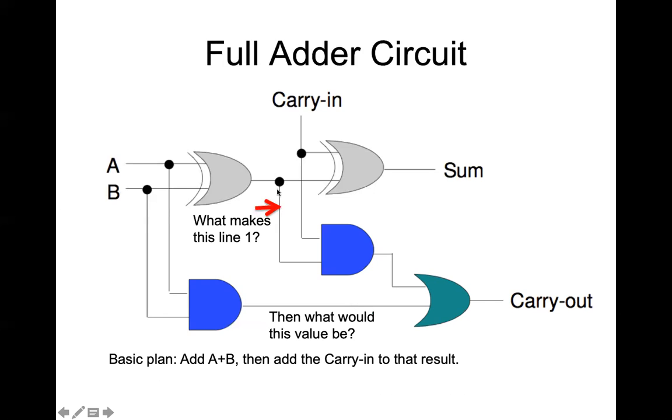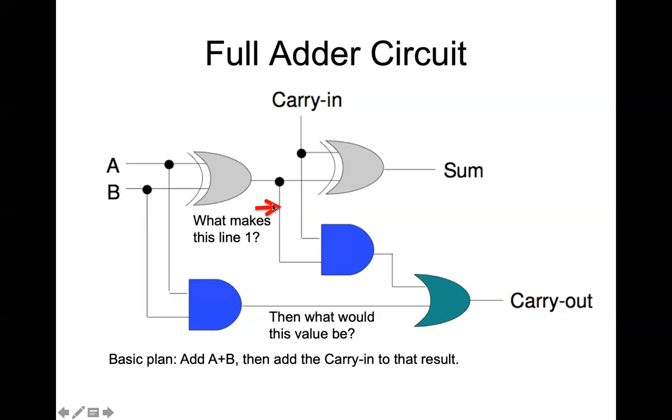So what makes this line 1? Well, the output of an XOR gate is 1 only when its inputs are different. So if this wire is holding a 1, then A and B must be different. If A and B are different, that is to say, one of them holds a 1 and one holds a 0, then an AND gate, regardless of which one is 1 and which one is 0, is going to output a 0.